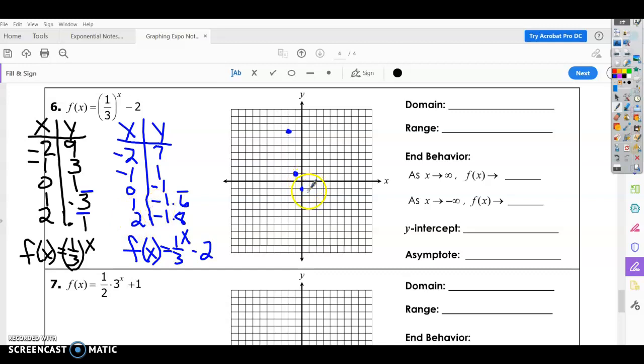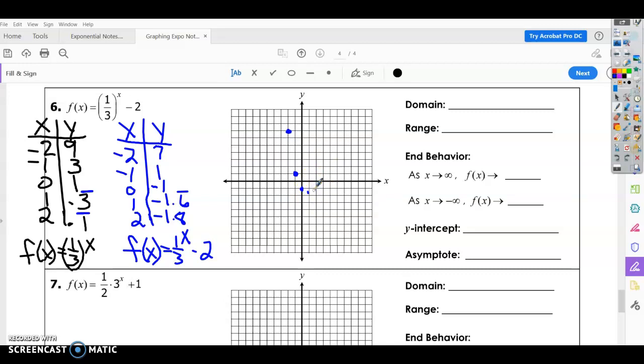And 1, -1.7. Again, there's no way to get exact on these. You just got to get close. And 2 and -1.8. So you can see that's where it's starting to level out.